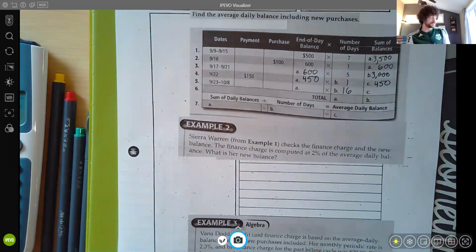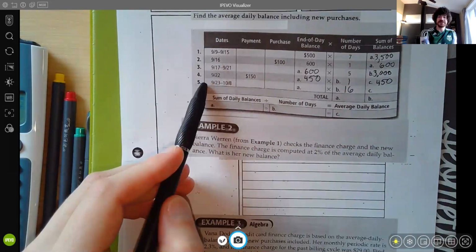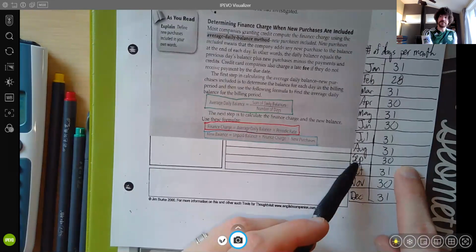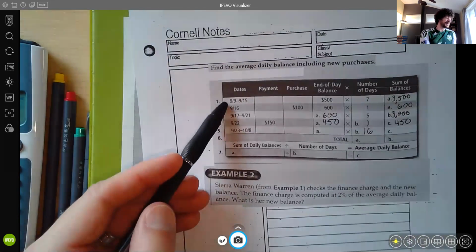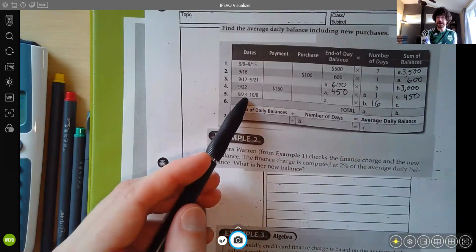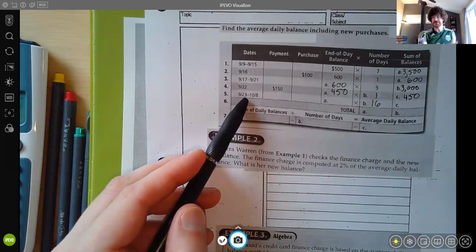Now, if we also take a look at our first page of notes for the day, September has a total of 30 days. Because we're going from September into October, you go to September 29th, 30th, and then it goes to October 1, October 2, and so forth.